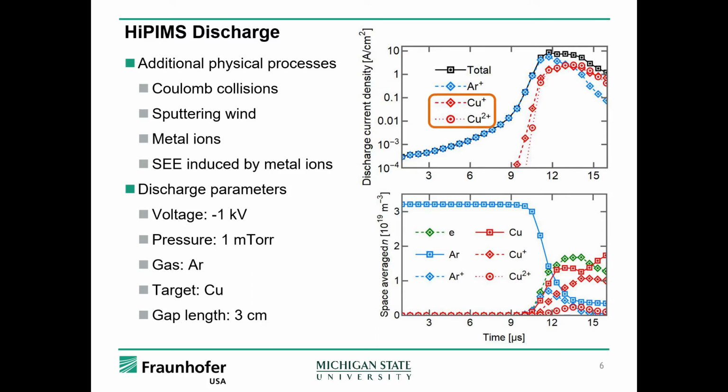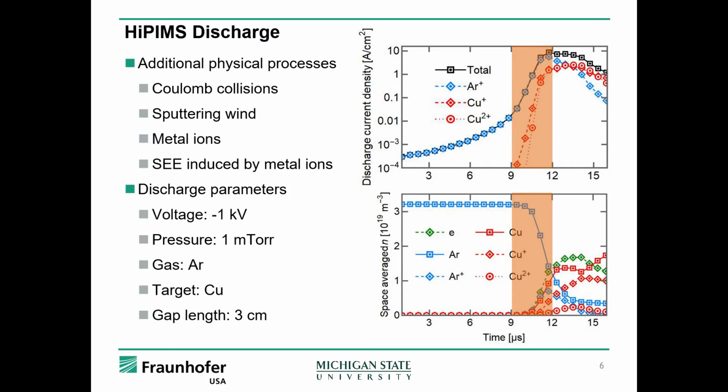Similarly, the bottom right plot gives the variation with time of the spatially averaged number density of each species. It can be seen that after 9 microseconds, when the discharge current is rapidly increasing, the background gas argon is significantly consumed due to the strong ionization and the sputtering wind, which will be discussed later.